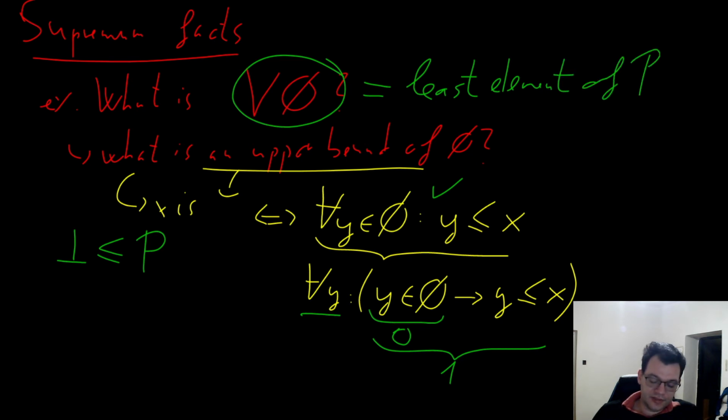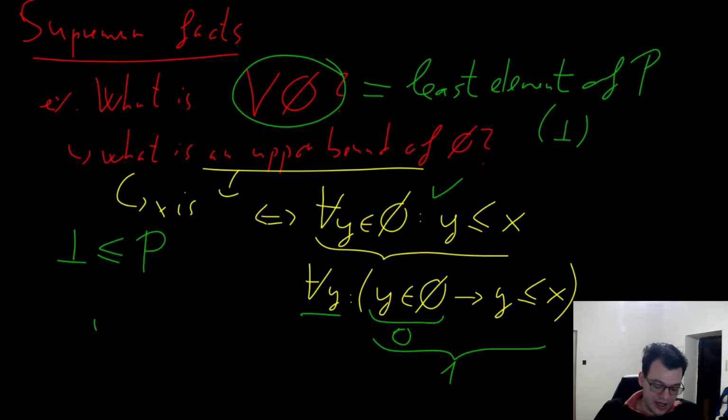And usually the least element of P is denoted by this bottom sign. That's why in the case of pointed posets we also used this symbol, because it's quite usual. If a poset has a least element, then it's usually denoted by this one.